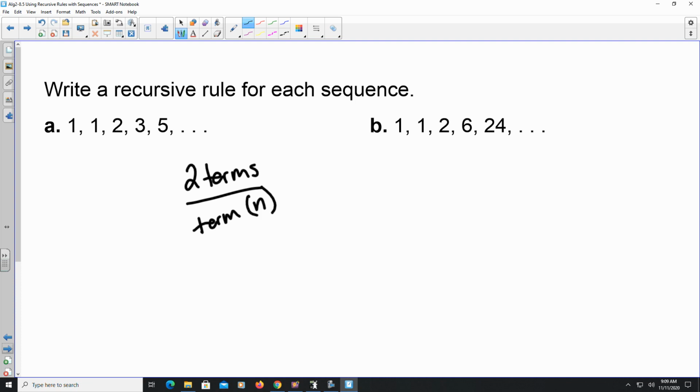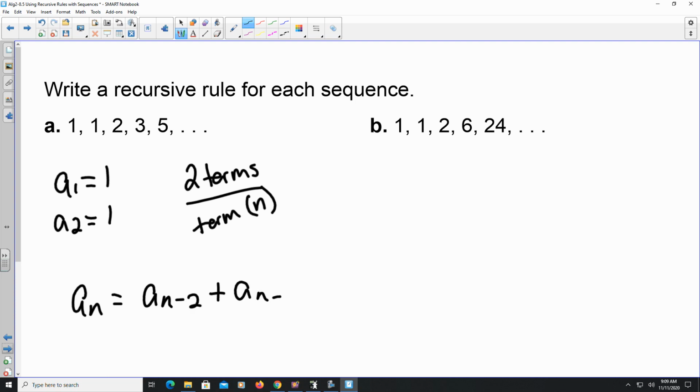So we're going to write a sub 1 is equal to 1, a sub 2 is equal to 1, and then the rule a sub n will be, since you just add up the two, a sub n minus 2 plus a sub n minus 1.